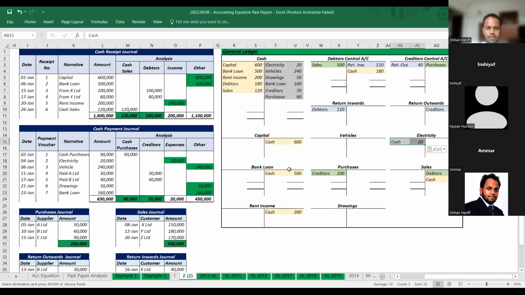Electricity account debit. Then the vehicle account 240 debit. Drawings debit 50. Bank loan 160.